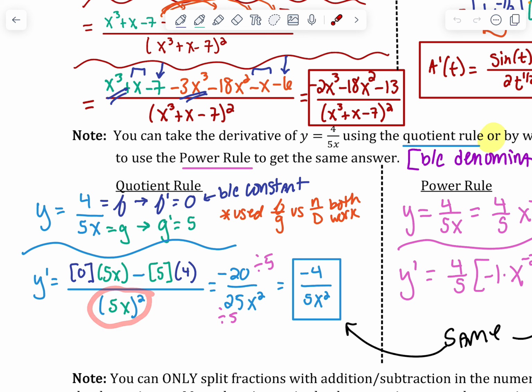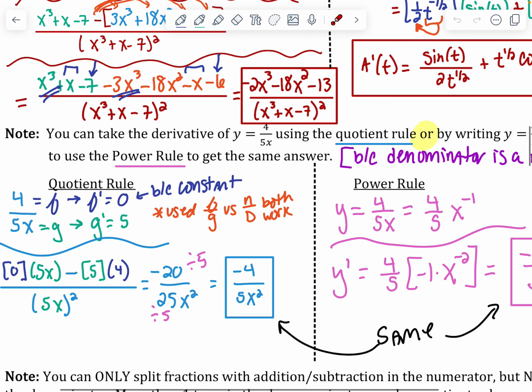When I write the denominator squared, because it is a monomial, I'm going to square the 5 to get 25, and I'm going to square the x to get x squared. Although this feels like my answer, I can simplify by dividing top and bottom by 5, and I get negative 4 over 5x squared. And really I should have my y prime equals.